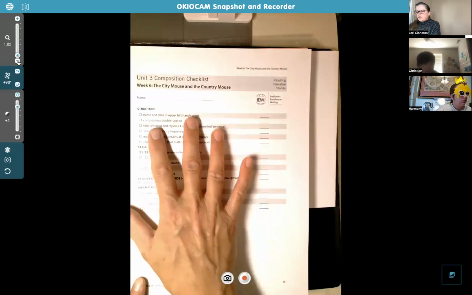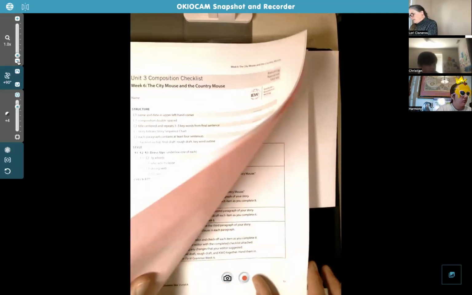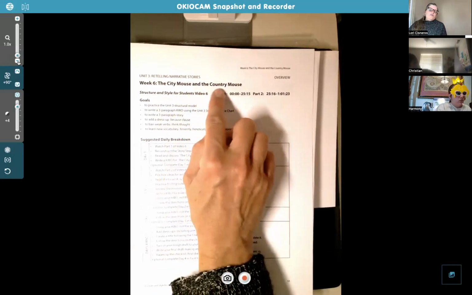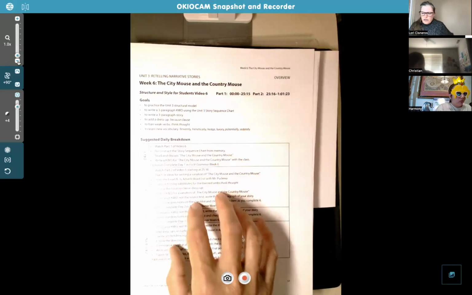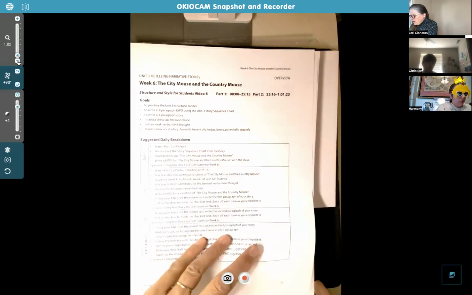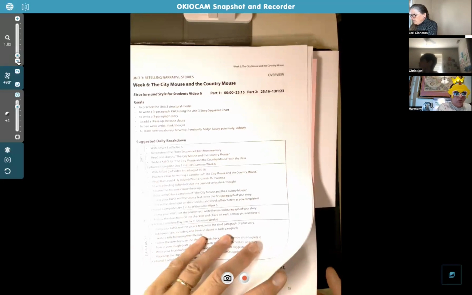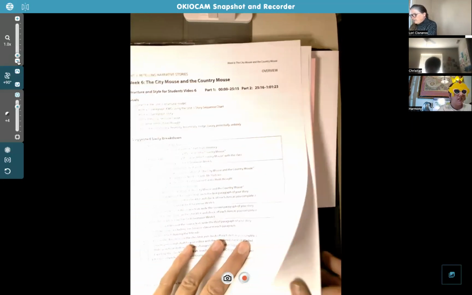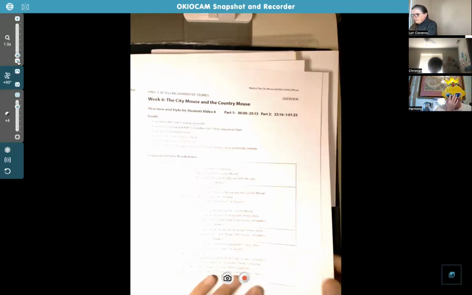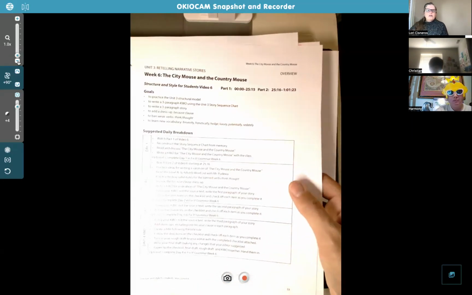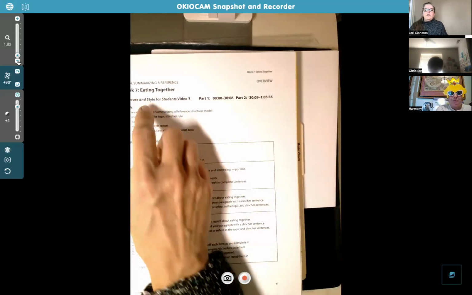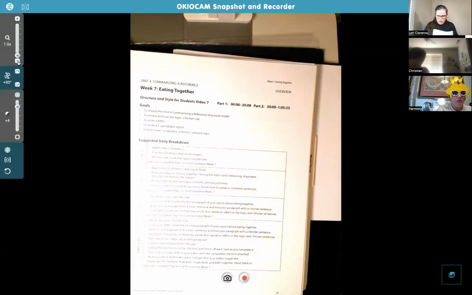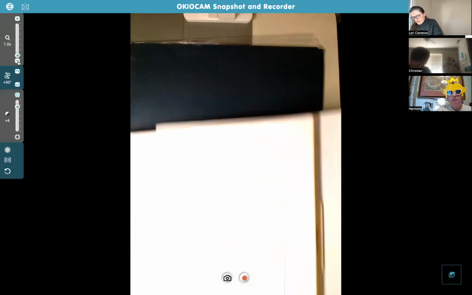Go behind that and you should see, not that page, hold on, this one, you should see week 6, the city mouse and the country mouse. So take out week 6, it's going to be 1, 2, 3, 4 pages that you're going to take out. For week 6, once you see week 7, don't take that one out. That one stays in there. Close up your rings, and then we'll get started on the next lesson.